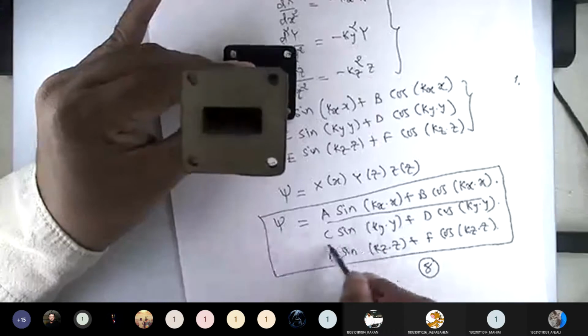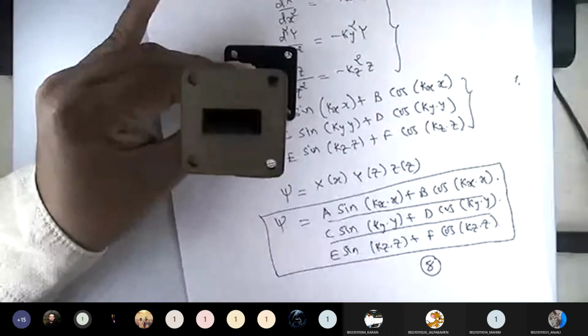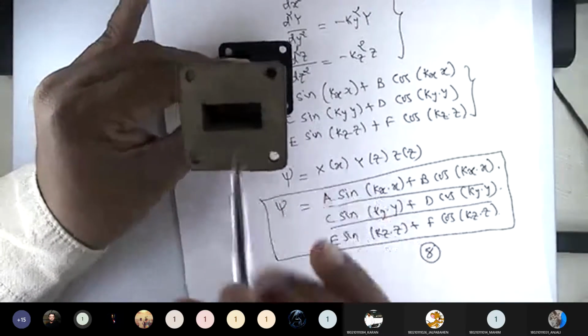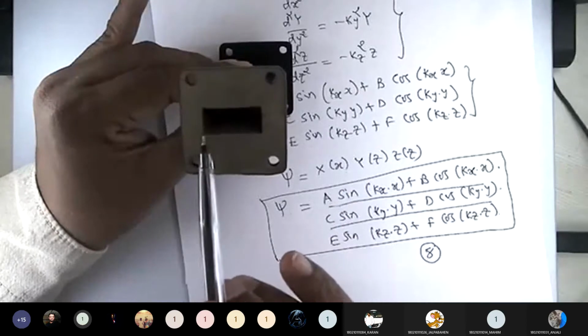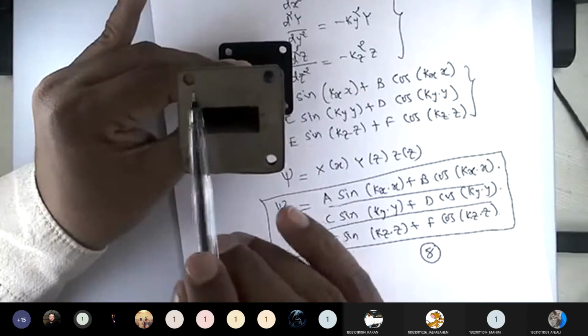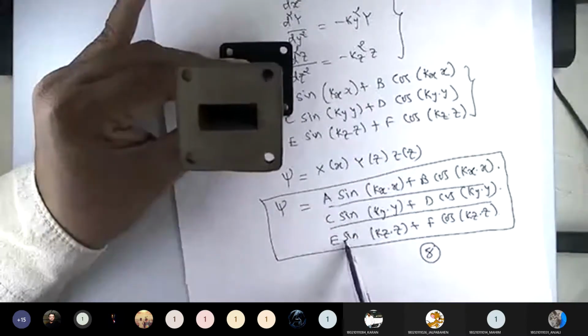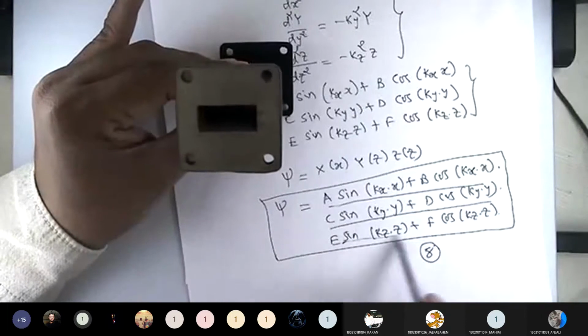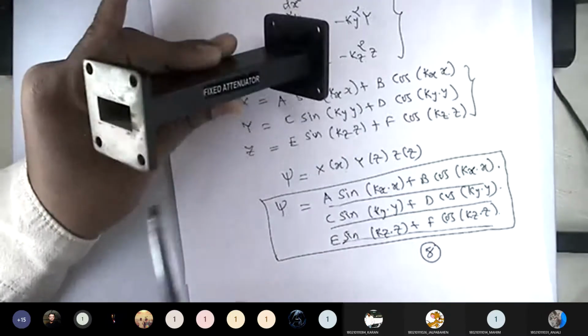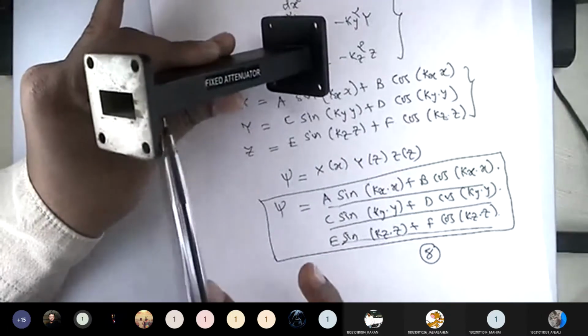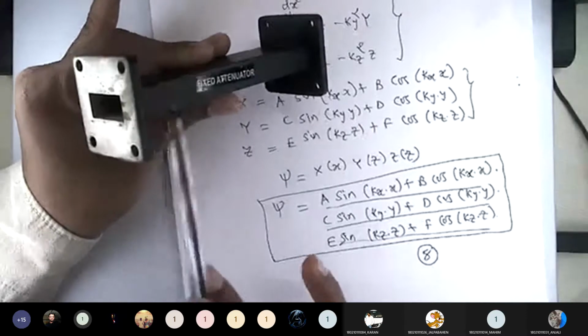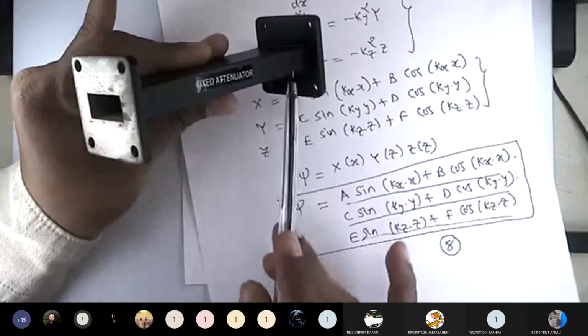In the same way, the below equations express the behavior in the y direction. Same way, the last expression expresses the solution of the e field or h field in the z direction.